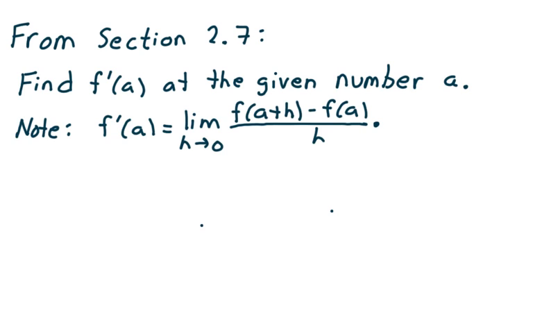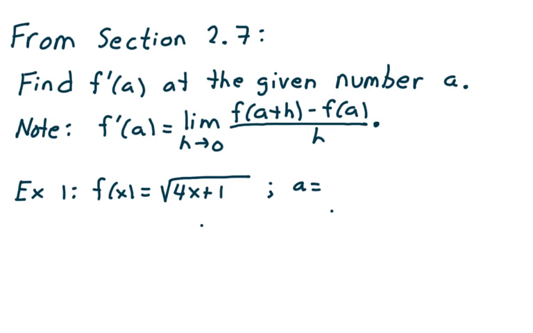Now let's take a look at example 1. We have f of x equals the square root of 4x plus 1, and a in this example is equal to 6.